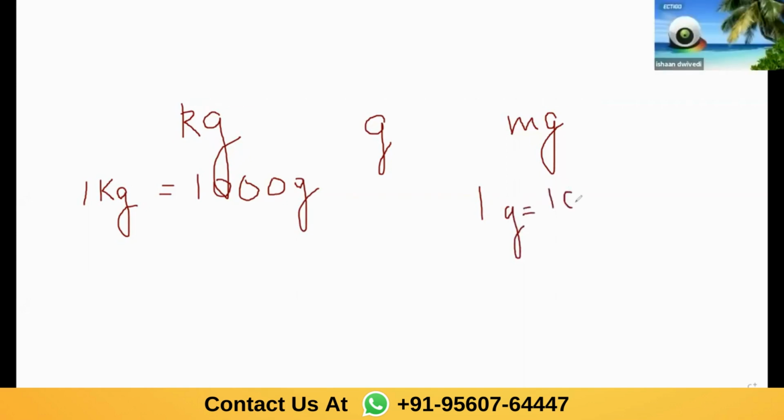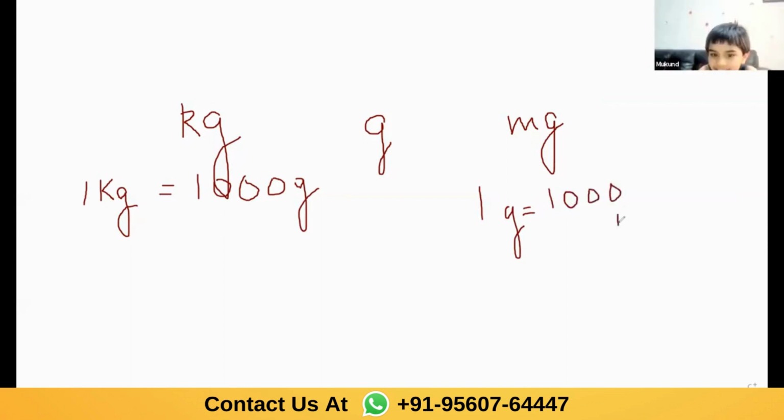No. 1000. It is milli. It is not centigrams. 1 gram is equal to 100 centigrams, not milligrams. So 1 gram is equal to 1000 milligrams. You'll have to note it down. They differ from each other. It is not centigram, it is milligram.